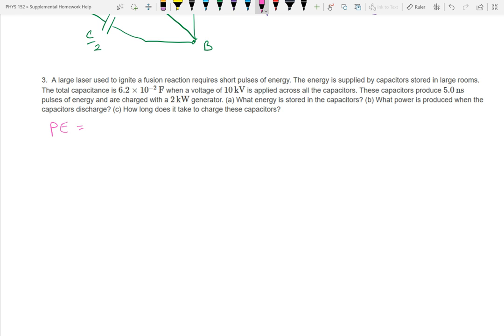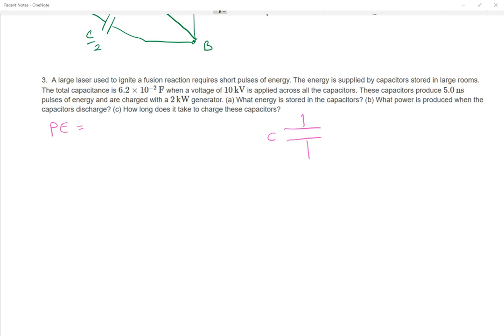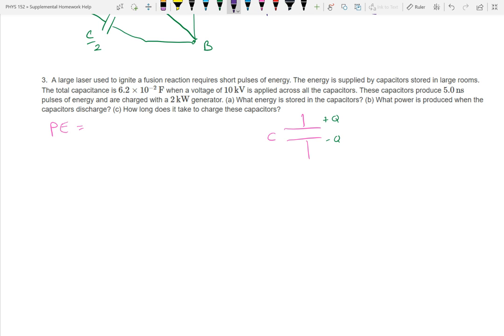So we need to know what is the equation for potential energy on a capacitor. Is it 1/2 V squared C squared? That's equal to the PE, at least what I have.